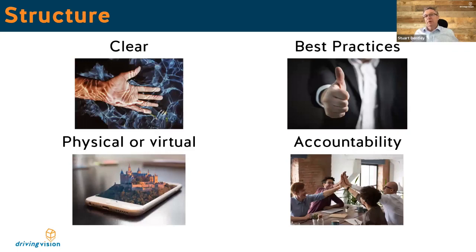Next up, you'll want to take a look at the structure of the organization. Make sure that it is flat and clear, has a powerful set of common best practices, and an active network for partnerships and ecosystems. It can act both in a physical or virtual environment, and can hold all teams accountable.